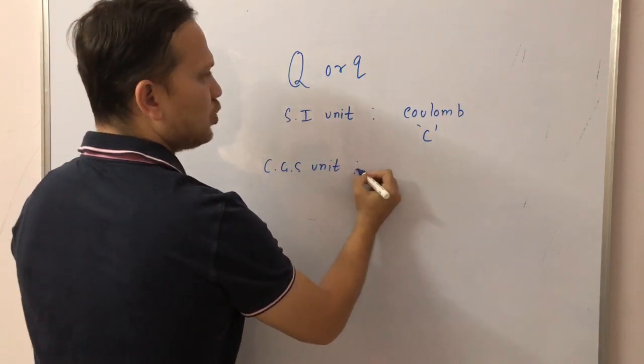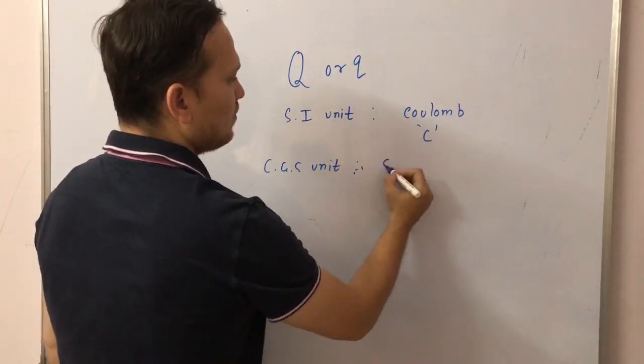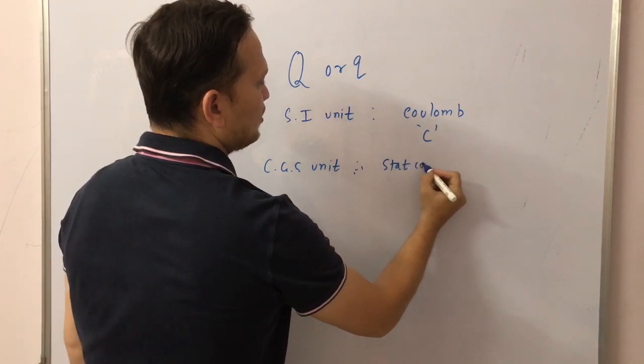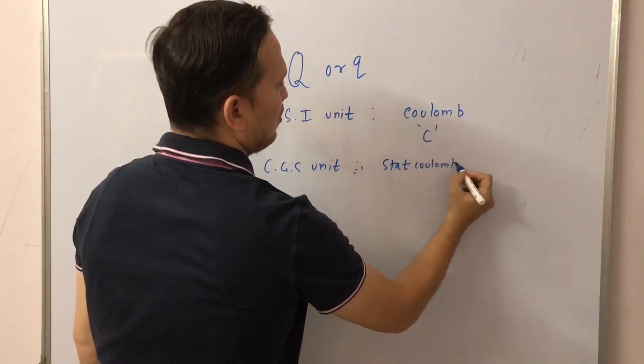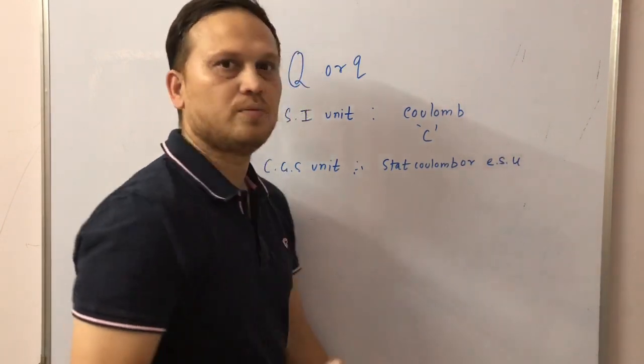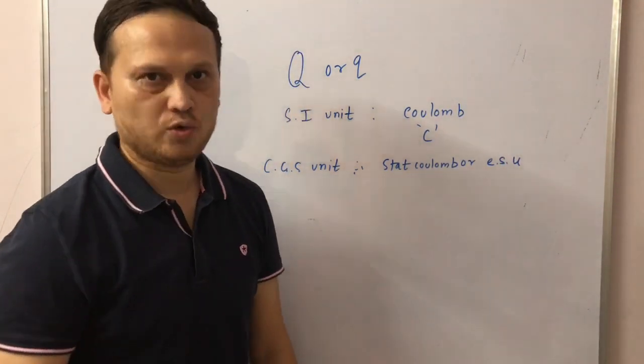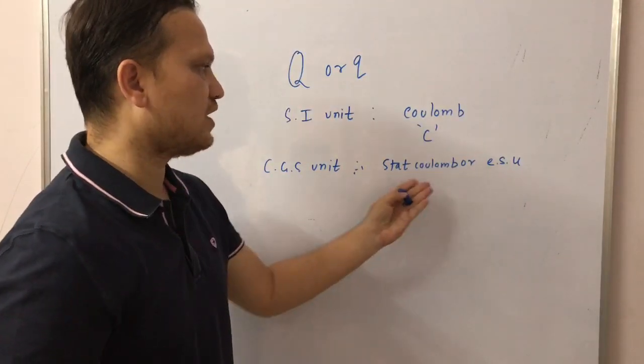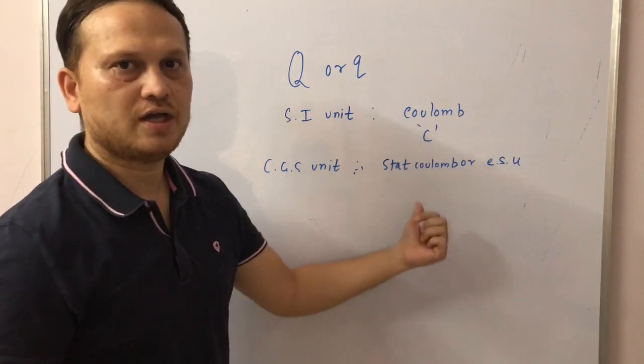The CGS unit is statcoulomb, or ESU. ESU means electrostatic unit. Okay, so we can use either statcoulomb or electrostatic unit in CGS.